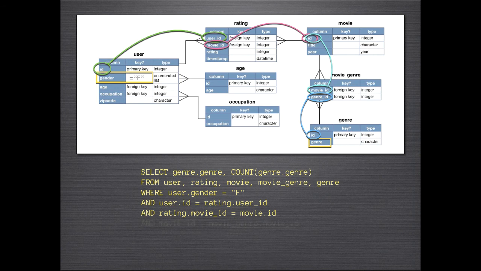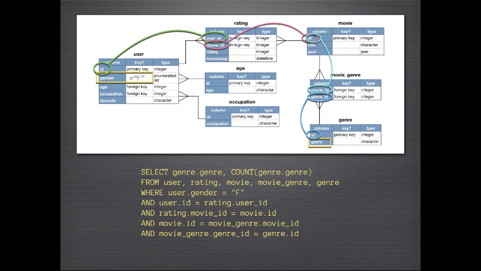And then from the primary key on movie to the foreign key on movie_genre. And then I can go from the genre foreign key down to the primary key on the genre table. That's good. So that gets me through the forest. That's the labyrinthine path through the maze that gets me through all of the tables that I need.